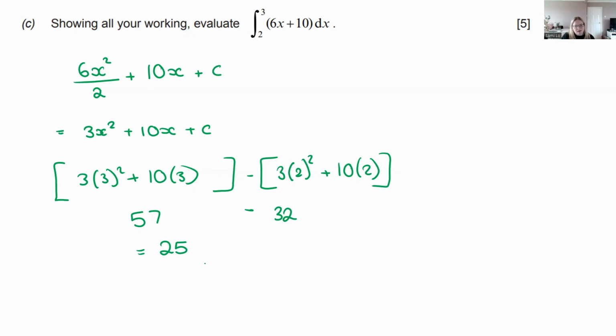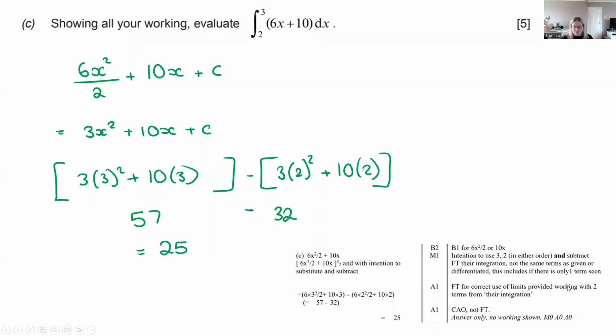5 marks. That is not bad for 5 marks, okay? So you're integrating first, subbing in 3 and 2, and then taking away from whichever. Should have all got them. So let's have a look. So 1 mark there and 1 mark there. I then got an M1 mark with intention to substitute.